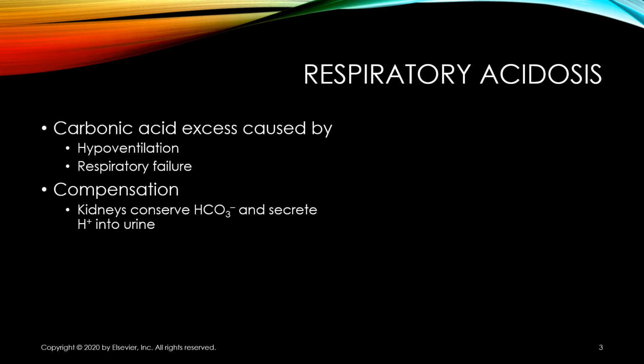Now, we can have acute or chronic lung conditions that can increase the risk for respiratory acidosis. Also, anything that's going to suppress or interfere with ventilation and cause hypoventilation is going to be a risk.